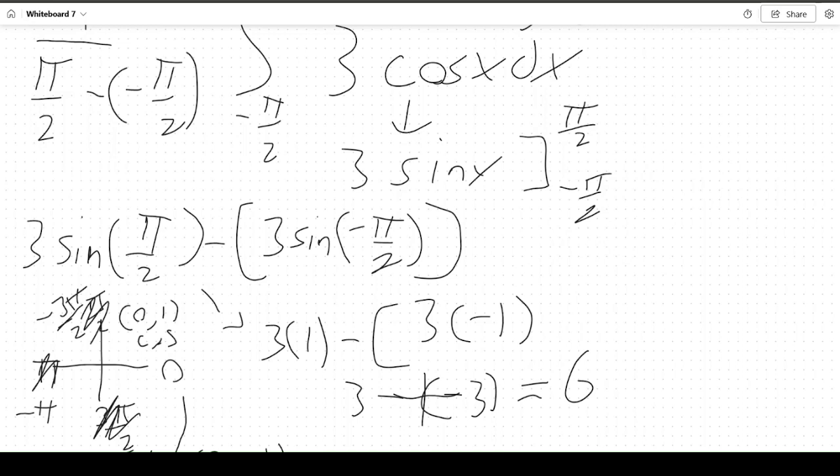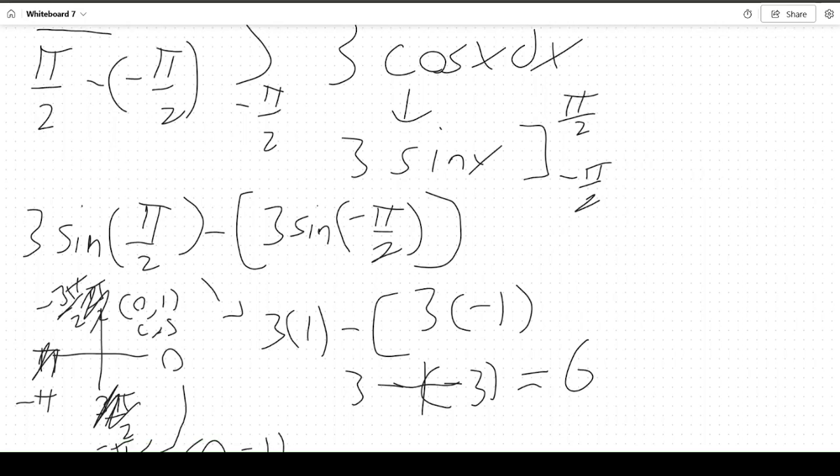But we're not done because we still have to plug in our average value factor. So what we got is pi over 2 minus negative pi over 2. This would be plus. This would be 1 over 2 pi over 2.